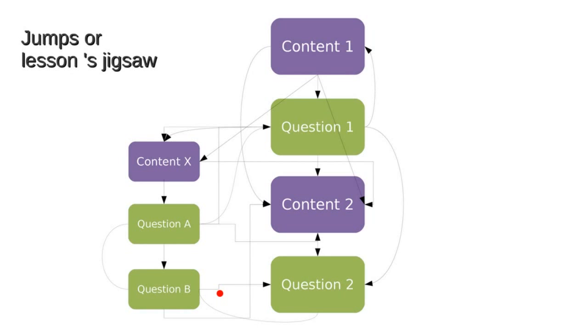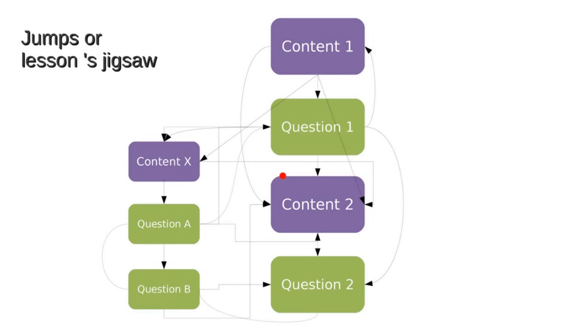The jump actually defines the learning path that someone will follow. For example, someone may start from content 1, continue to question 1, then move to content 2, and then take another question.